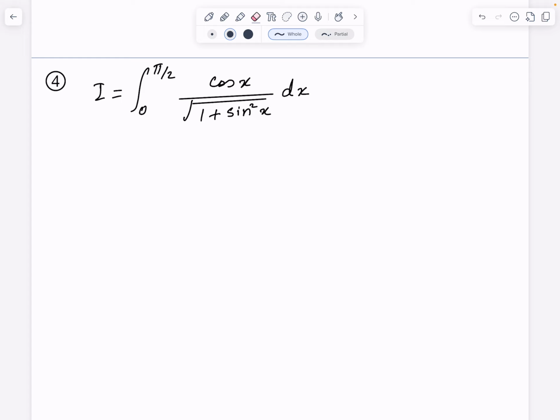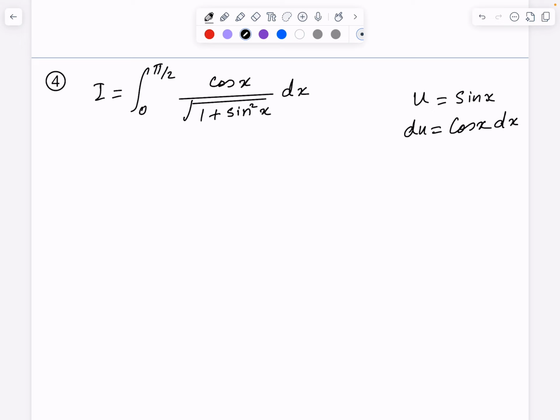We're going to say let u equal sine x. Therefore du is just going to be cosine x dx.